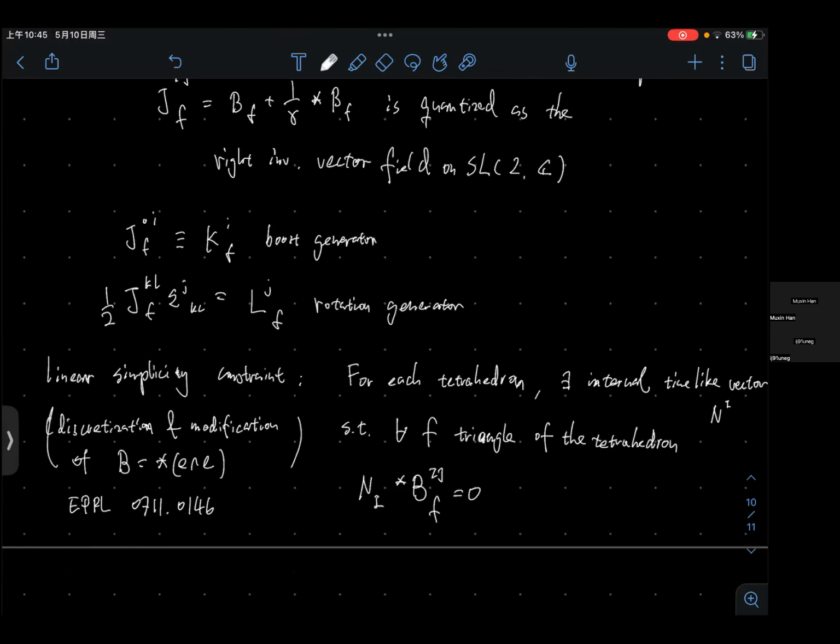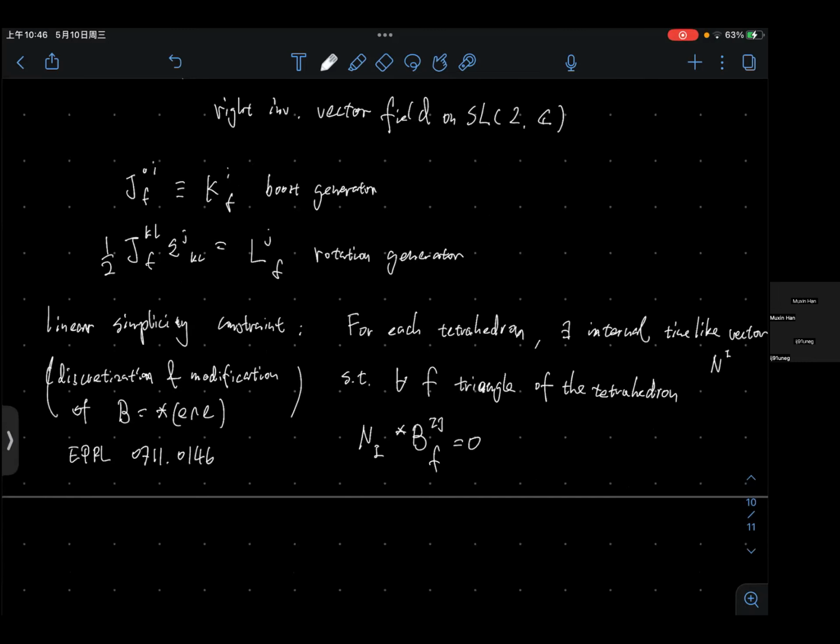All right, so now we can do something further by imposing the time gauge. Because there's a Lorentz gauge transformation in the internal space, you can always make a gauge transformation to make this N_i to be just (1,0,0,0).